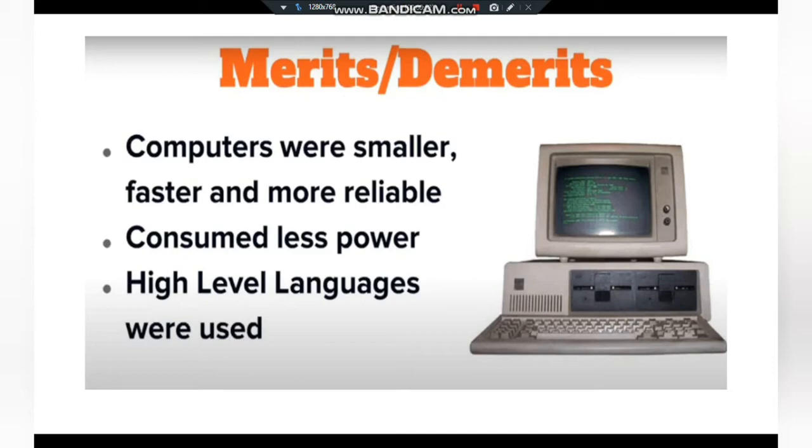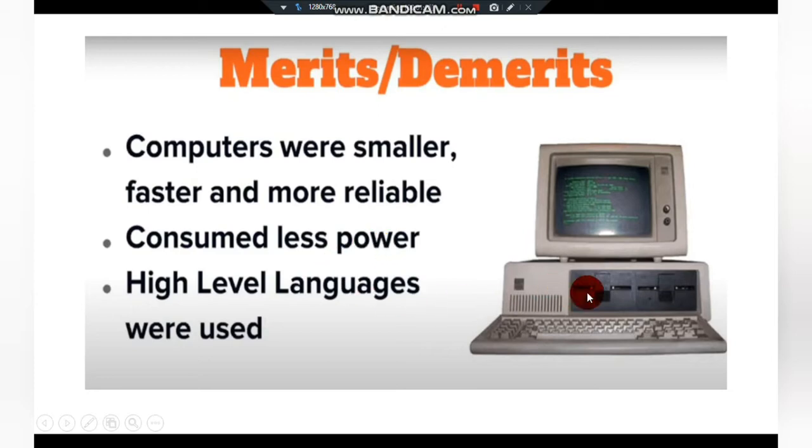In the second generation the computer size is somewhat reduced, and now in the third generation the computers are smaller, faster and more reliable. In this generation the computers have an attached mouse, keyboard and monitor, and consume less power.